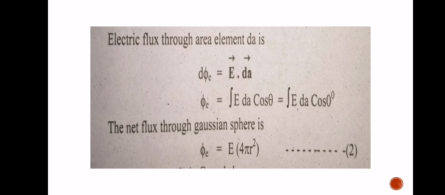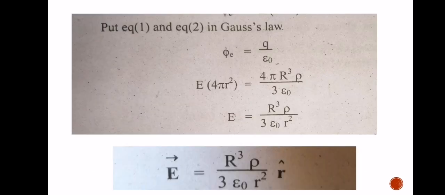The net flux through the Gaussian sphere is phi is equal to E into 4 pi r square, where r is the radius of the Gaussian surface. This is equation number 2. Now putting equation 1 and equation 2 in Gauss's law, phi is equal to q over epsilon naught, that is the equation for Gauss's law.